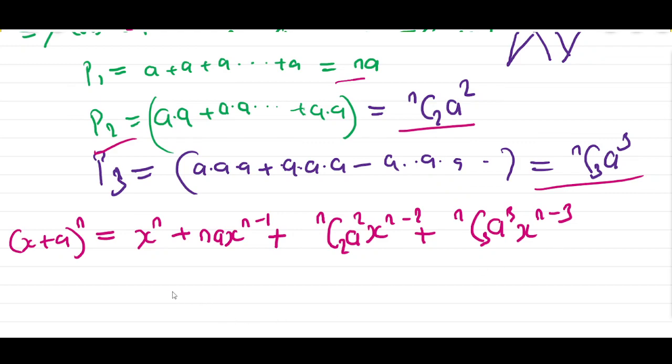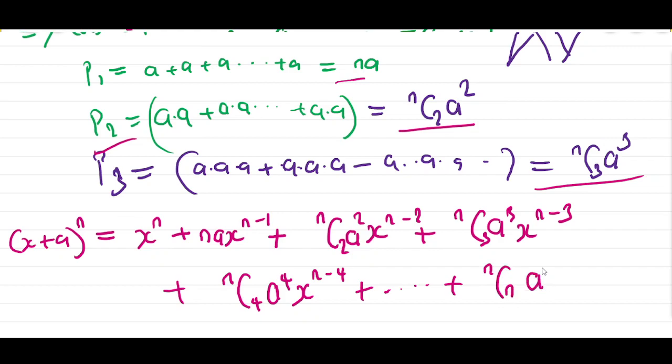This will continue, whereby we'll have n choose 4 a to the 4 x to the n minus 4. And the general term is n choose k, a to the k, x to the n minus k. That is how the general term will continue.